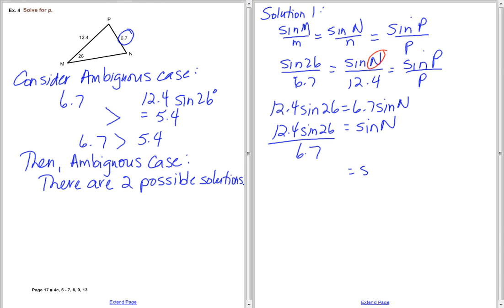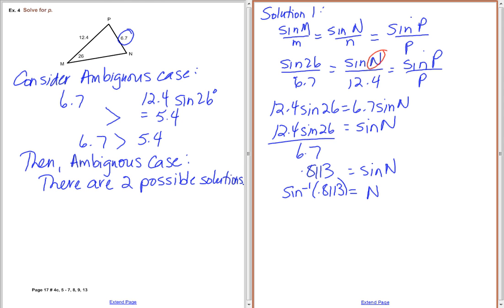6.7. I will get a decimal less than 1 for sine N. About 0.8113. To find angle N, I'm going to second function sine both sides, the inverse sine, and I get an angle of 54 degrees.